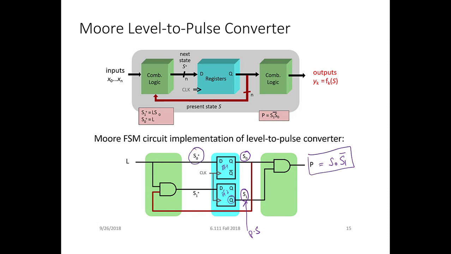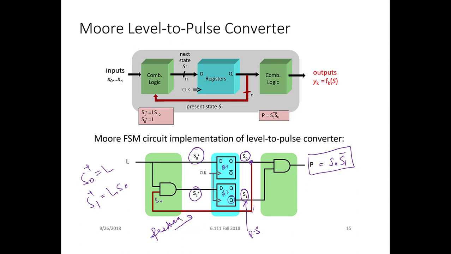And what were the equations of next state? The equation for S0 plus was only L, and the equation for S1 plus was L AND S0. You see present state, so this is S0, so L AND S0. You see this red line, which is a feedback.